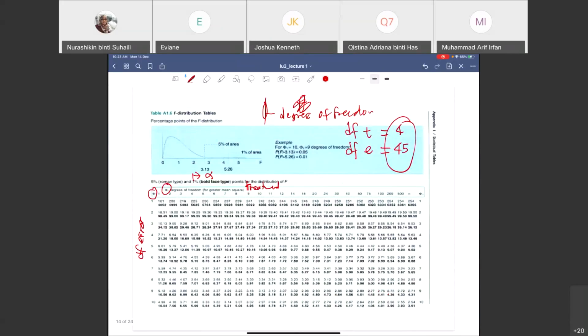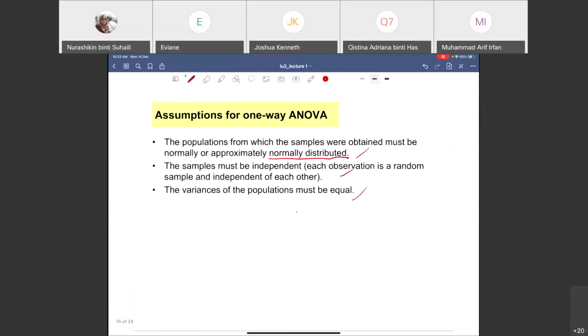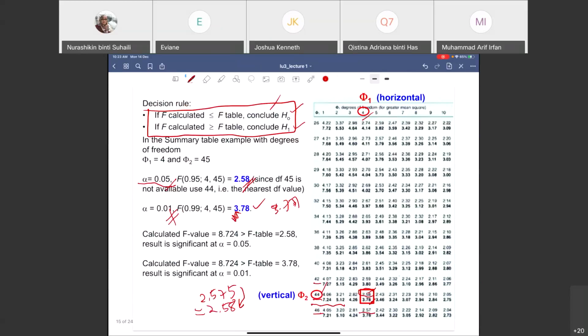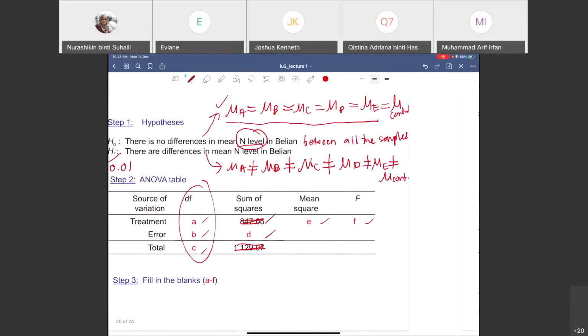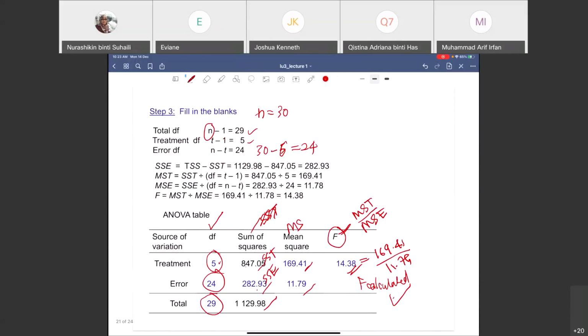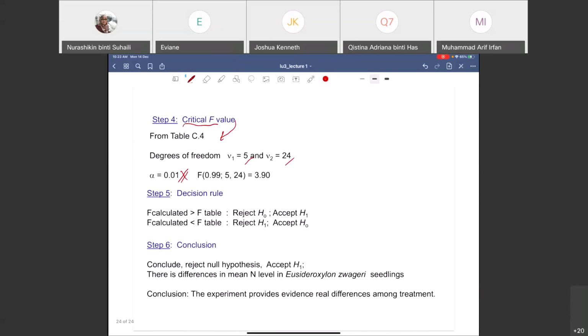Oh, we don't have it here. You can refer to your table, I don't have the full table here. You should refer to your table, but the value is given as 3.9.